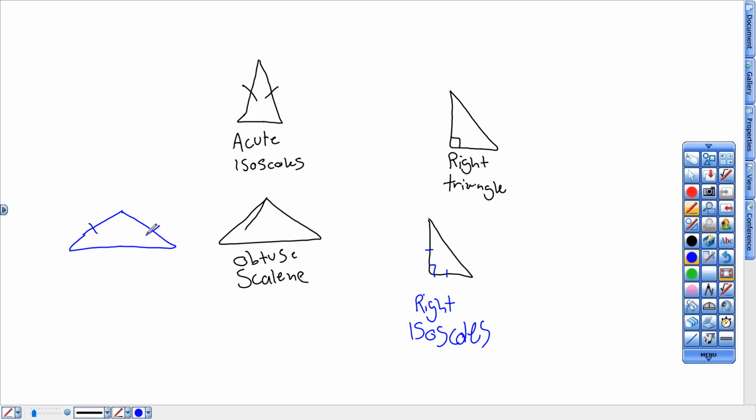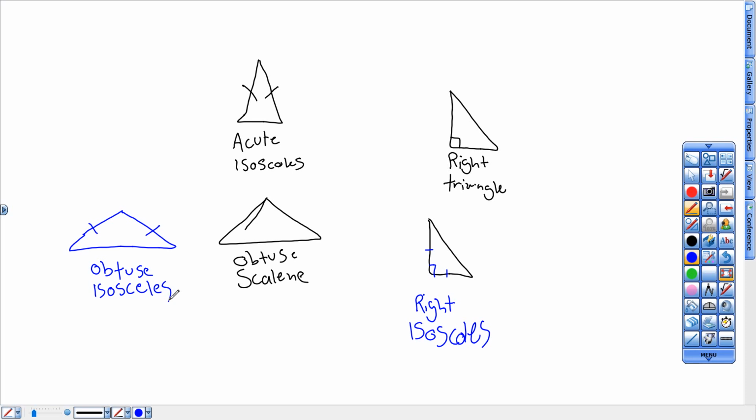And label that obtuse isosceles. Good job. And what makes a triangle obtuse again? When one of the angles is more than 90 degrees, but then the other two are acute.